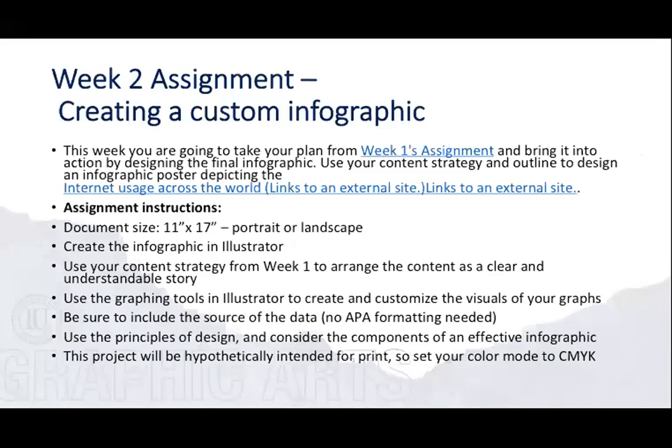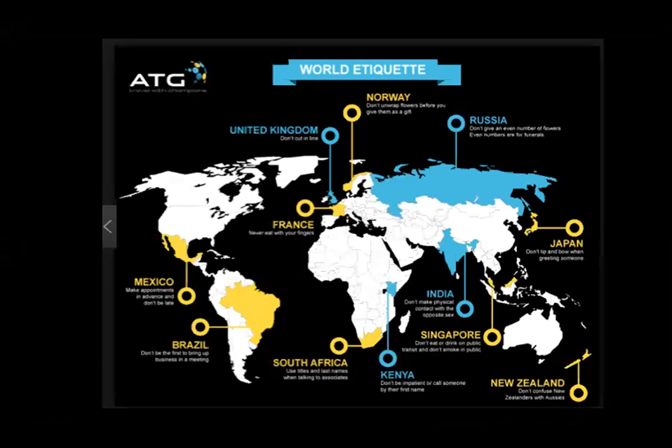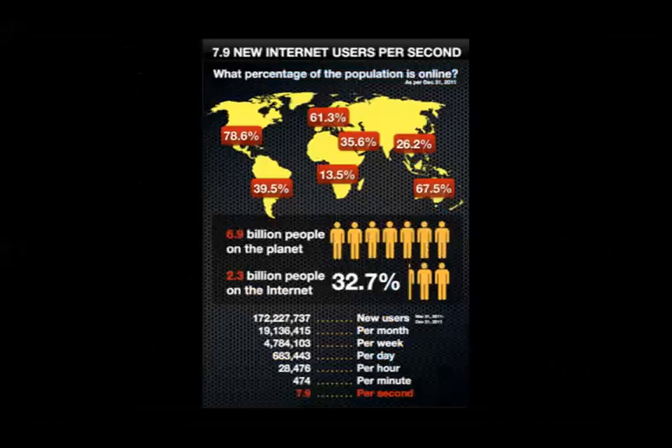I just wanted to show you what I did in regards to my demo. You can do a map chart, kind of similar to this. This is an example of world etiquette, showing different regions. You could do something similar to this, where you're showing the statistics within the map view, and then also the people percentages, and then the list.